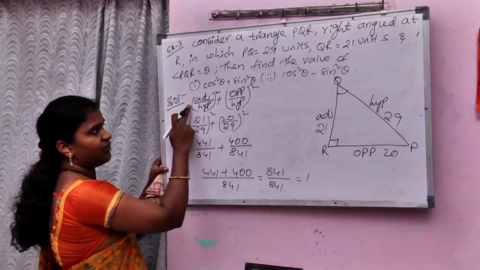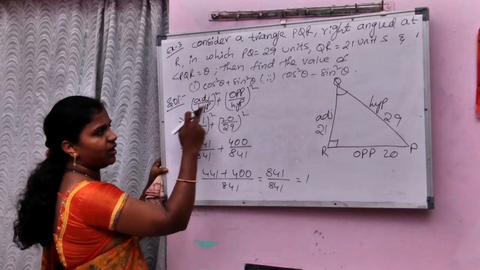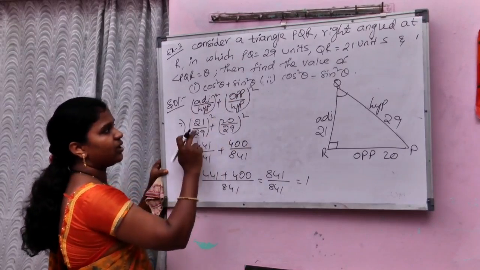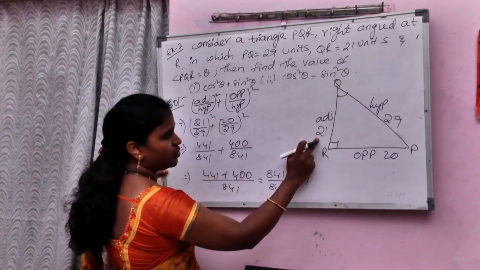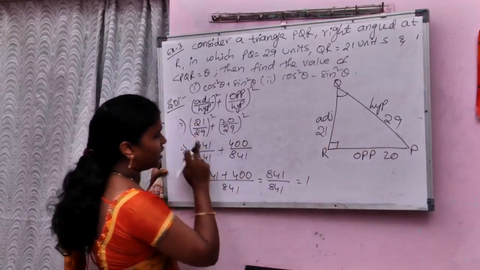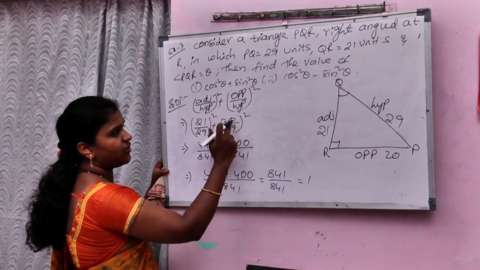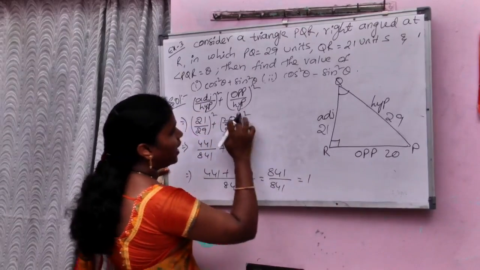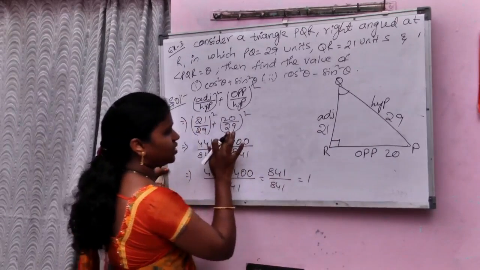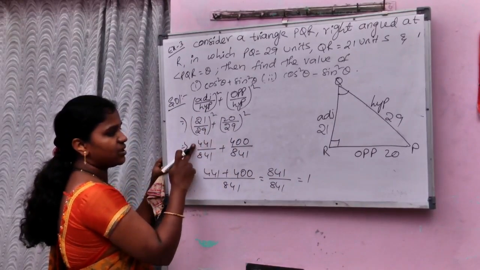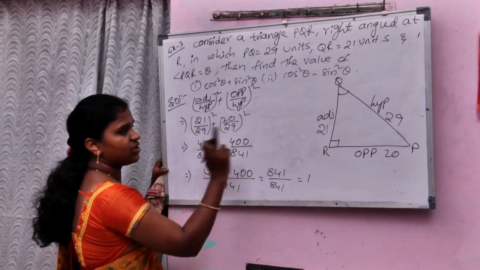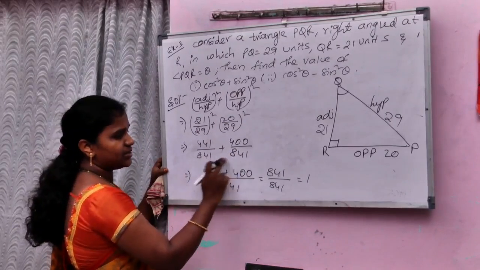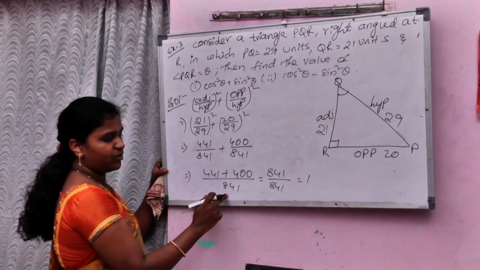Because cos square theta is adjacent by hypotenuse square and sin square theta is opposite by hypotenuse square. The adjacent value is 21 and the hypotenuse is 29, both squared, and the opposite value is 20, which we found by the Pythagoras theorem. 21 square is 441, 20 square is 400, and 29 square is 841.